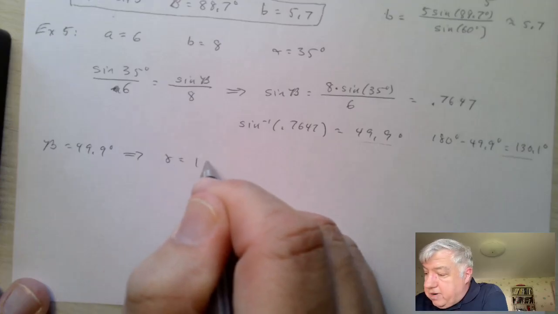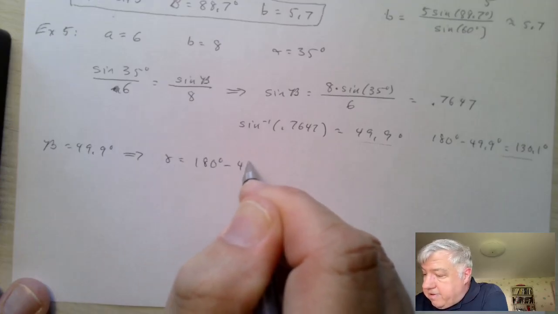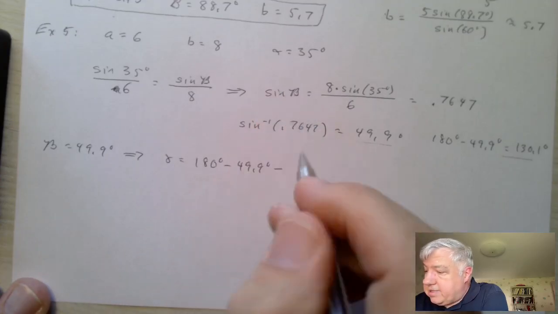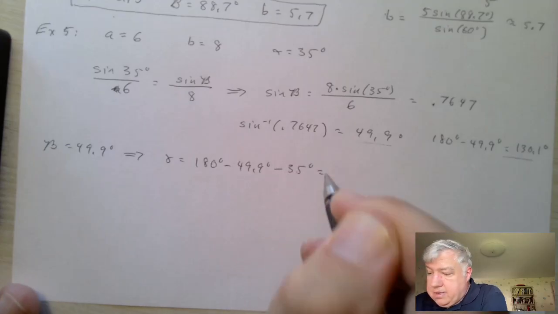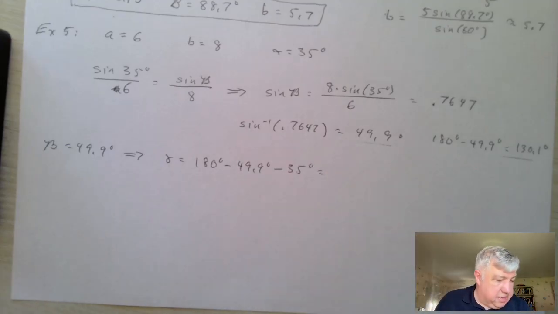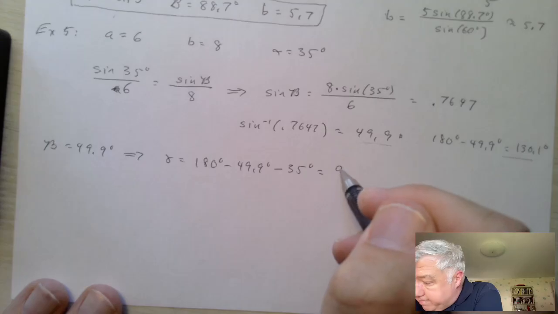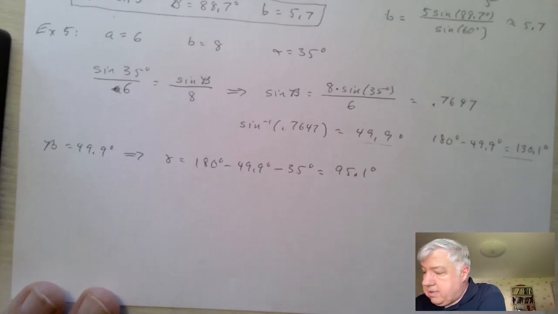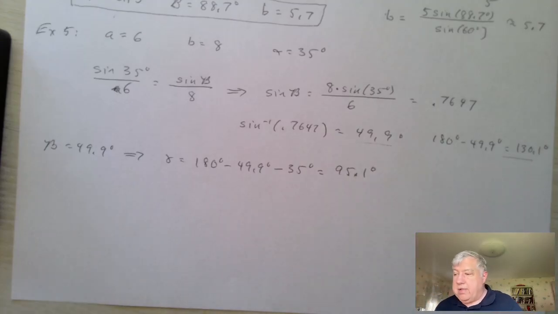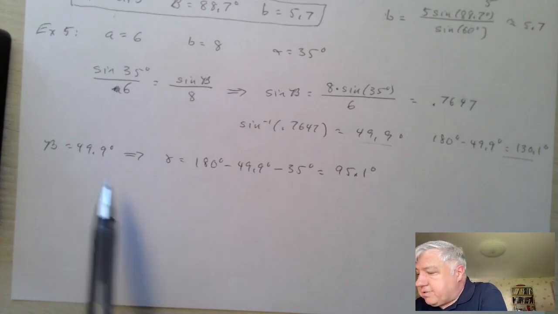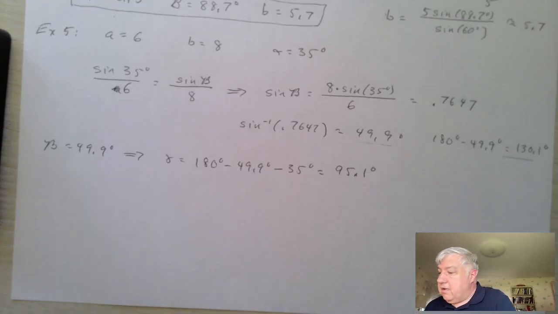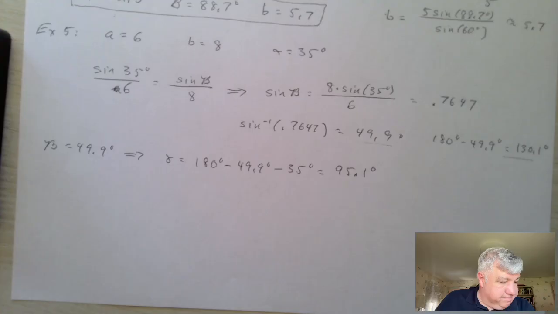Gamma is going to be 180 minus 49.9 minus 35, and this turns out to be 95.1 degrees. Now that's acceptable, right? Beta could be bigger than 90, especially if the other two angles are less than 90.